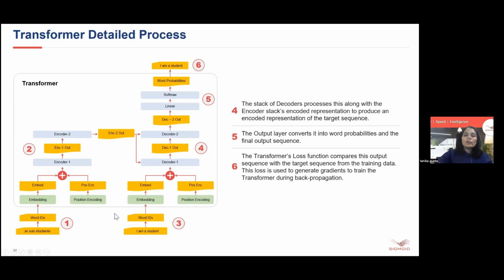Similarly, whenever an output comes, we keep adding that output sequence into the decoder. So it keeps learning from this output sequence to finally generate the final sequence. That is how the transformer is able to translate a particular sentence into a final sequence.